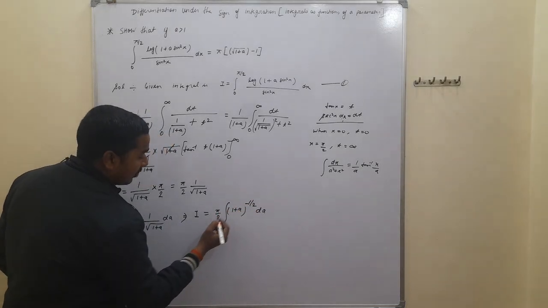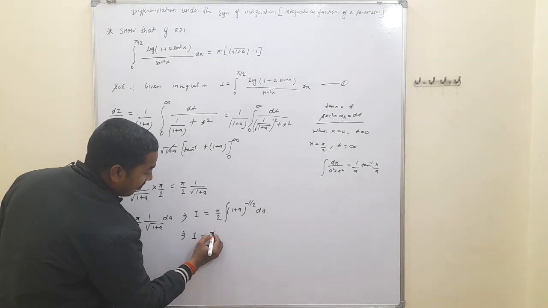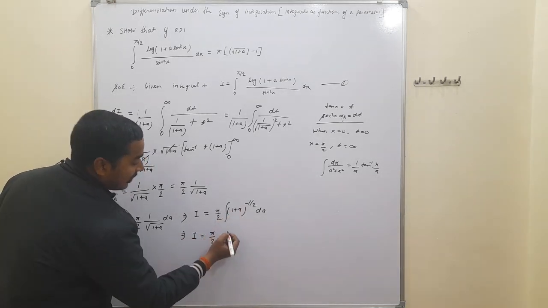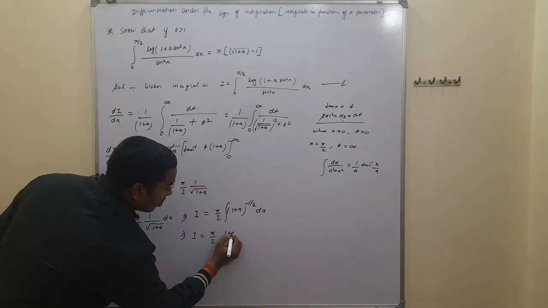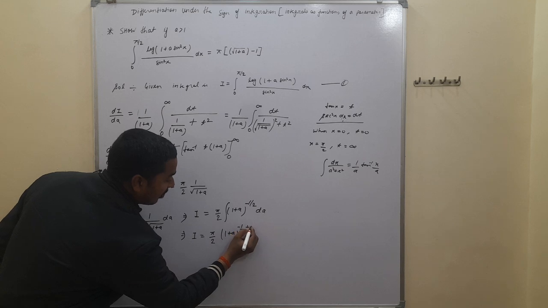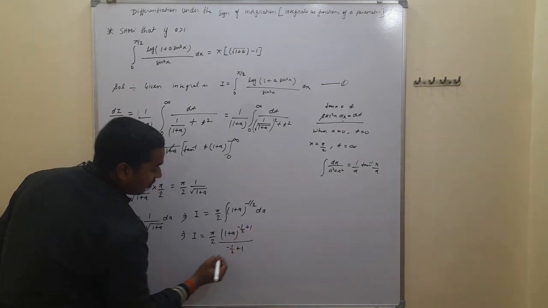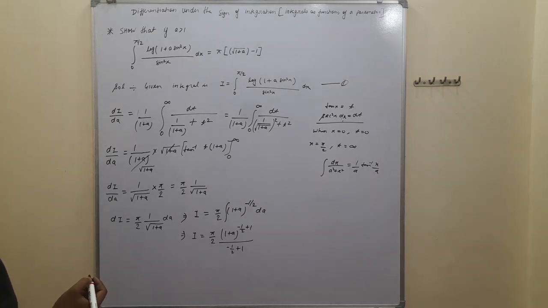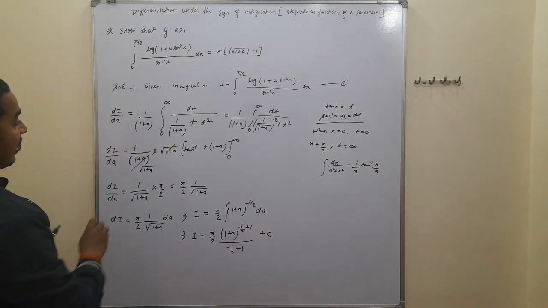On integration, I is equal to pi by 2 times the integration of 1 plus a to the power minus 1 by 2, which is given by 1 plus a to the power minus 1 by 2 plus 1, upon minus 1 by 2 plus 1, plus c taking constant, and further we have to solve.